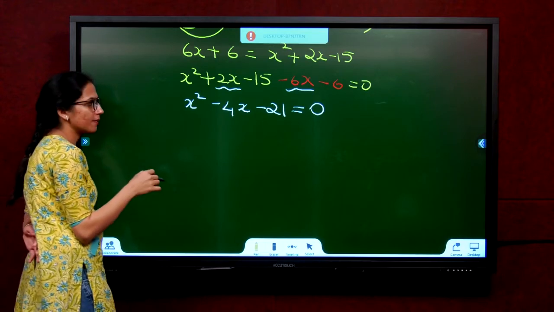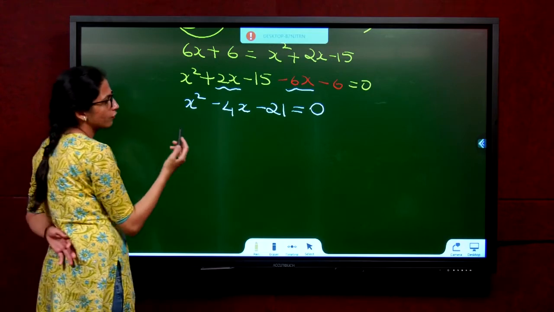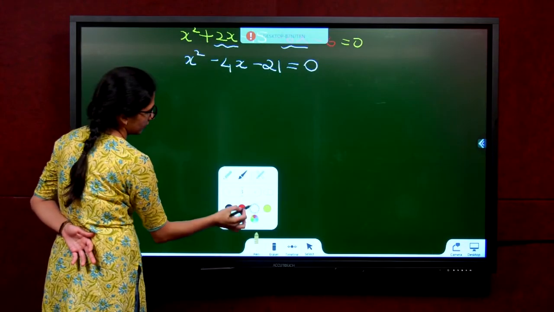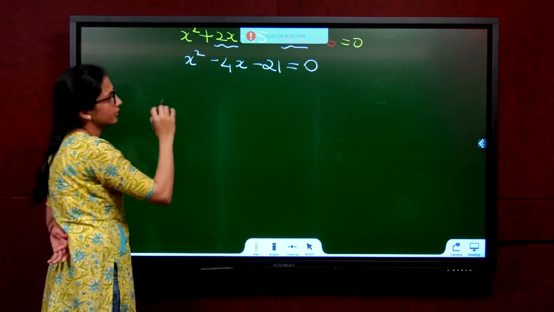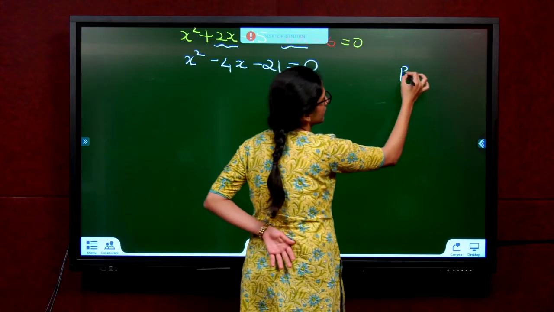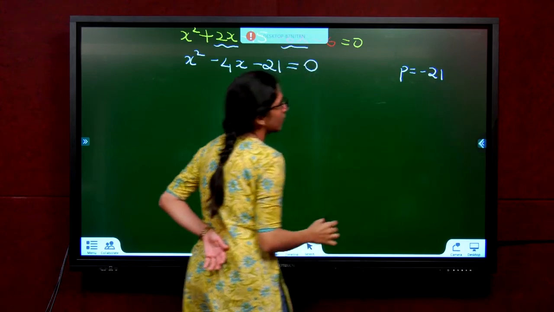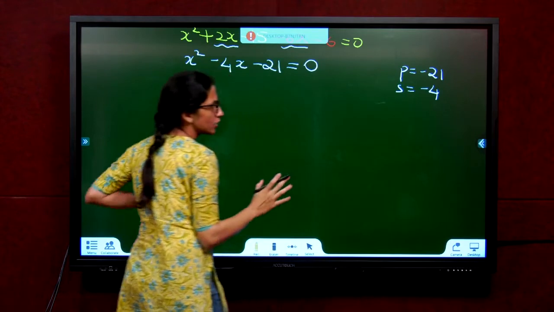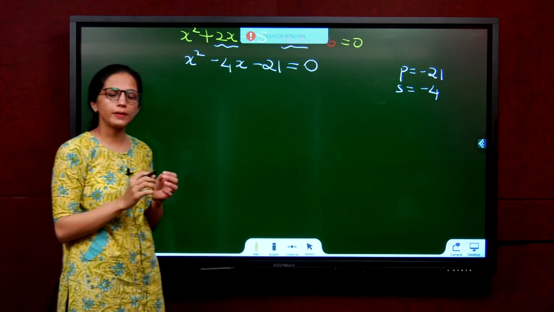You can go for formula method or you can also go for factorization method. What is the product? 1 into minus 21. Product is minus 21. Sum minus 4. Factorization is always easy if you know how to split the middle term.